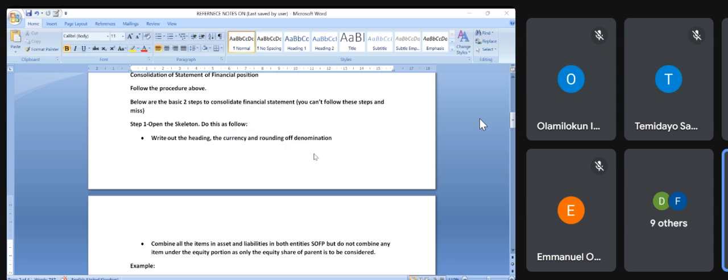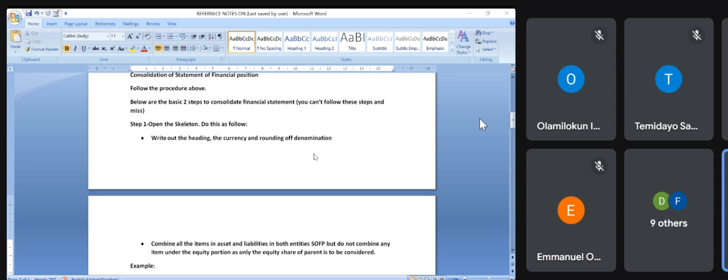That is to say, once you are given a question, the first thing first that you will do is to write out the headings, the currency, and the rounding off denomination.